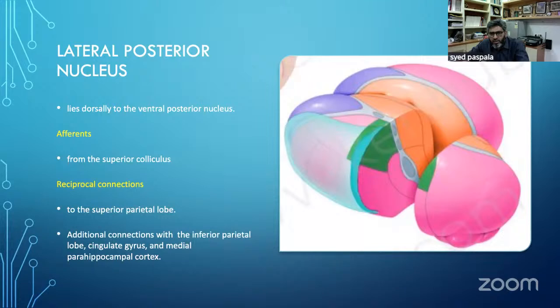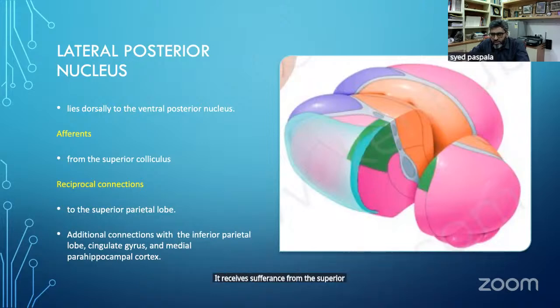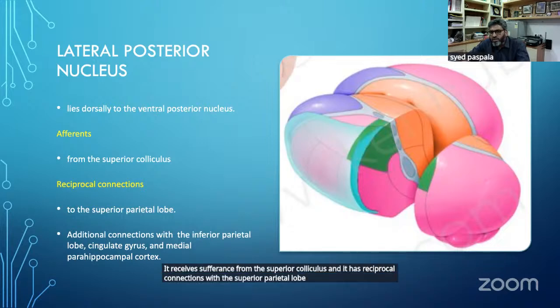And this is the lateral posterior nucleus here. It lies dorsally and just behind the lateral dorsal nucleus. It receives afferents from the superior colliculus, and it has reciprocal connections with the superior parietal lobe, and additional connections with the inferior parietal lobe, cingulate gyrus, and the medial parahippocampal cortex.